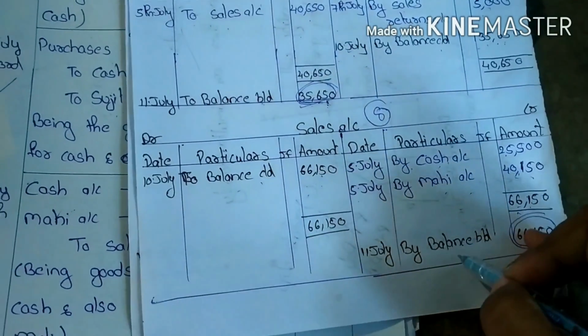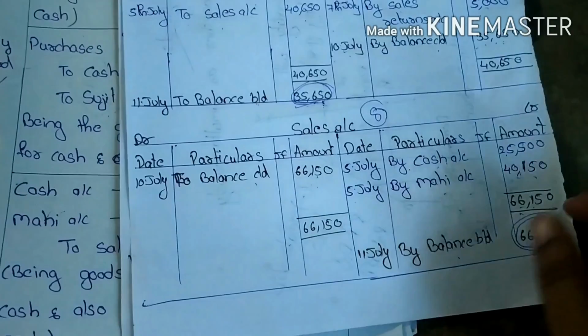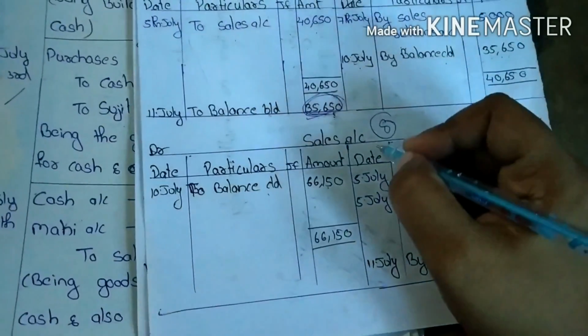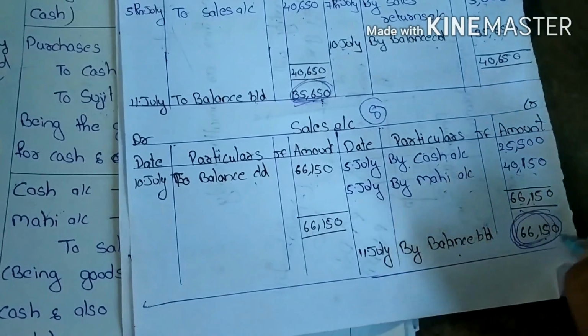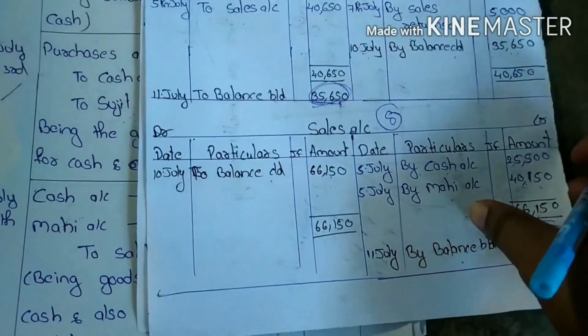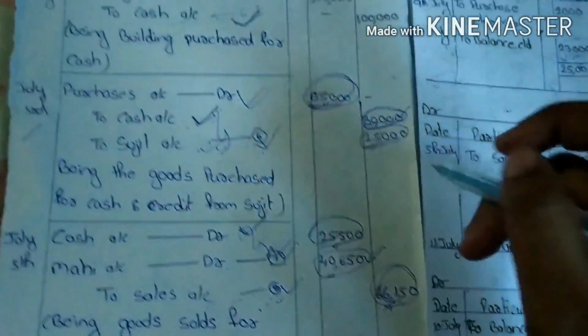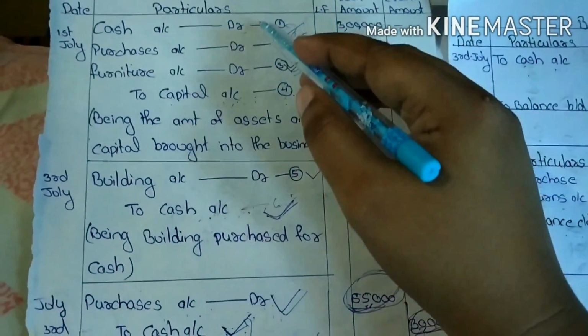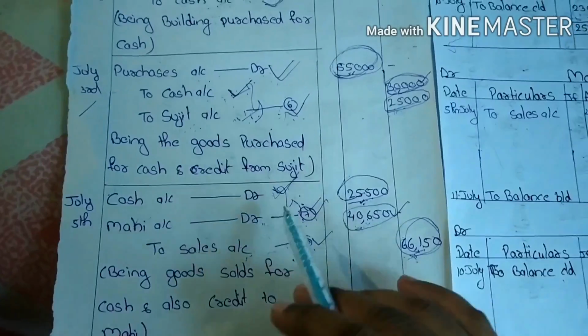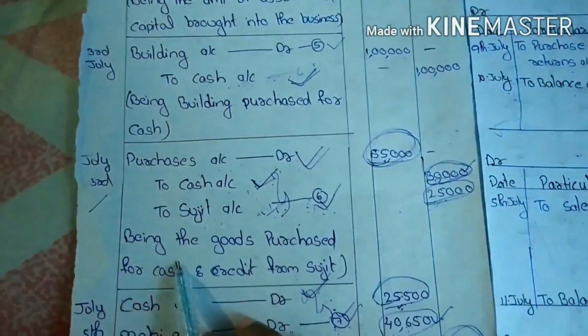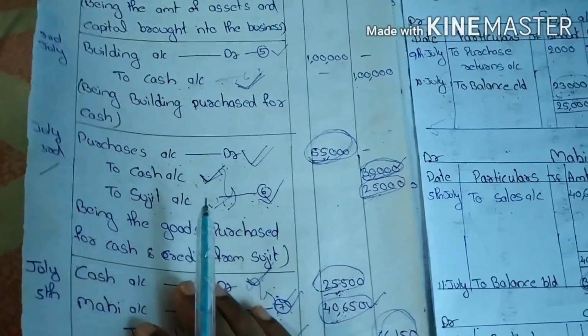So it should be brought down to the next day, 11th July, 66,150. So here the total sales account balance was 66,150. So the 8th account should also be completed here. So in this page, for each and every element you have opened a separate account and posted according to that account.